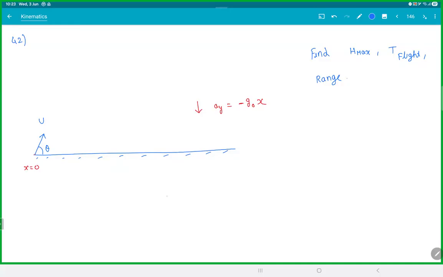So here x is your x coordinate and g naught is constant. The more you travel horizontally, the more gravity you have. So the gravity would be increasing, increasing, increasing.